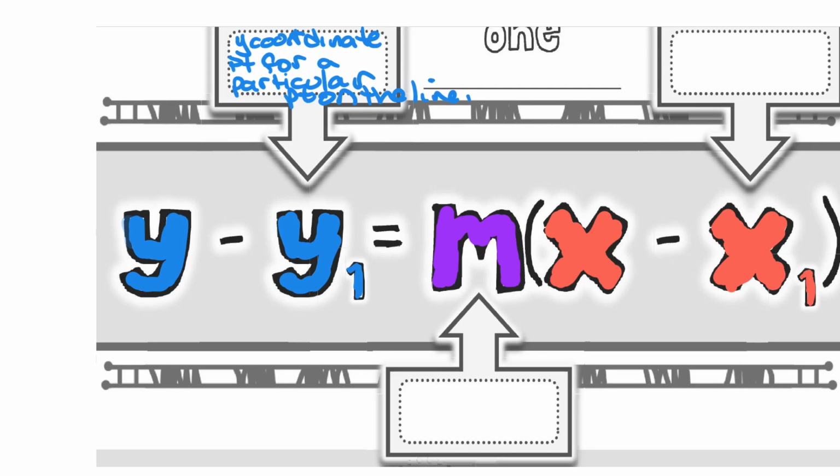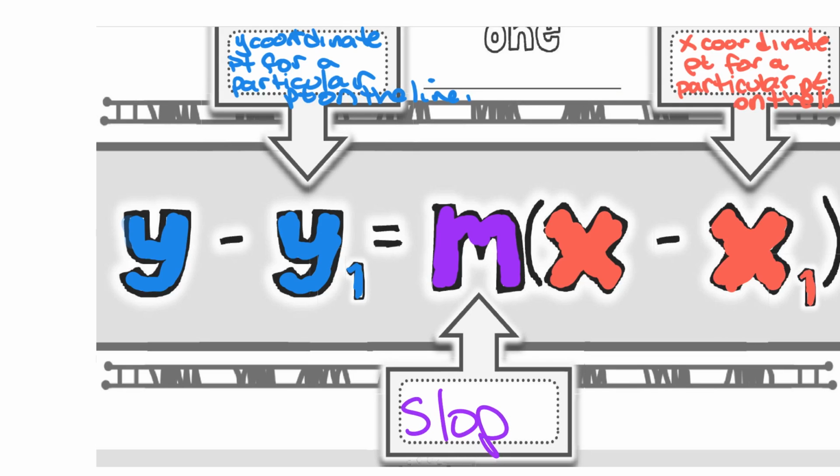And over here, this x1 is the x coordinate for a particular point on the line. And then the m is our slope. Okay?